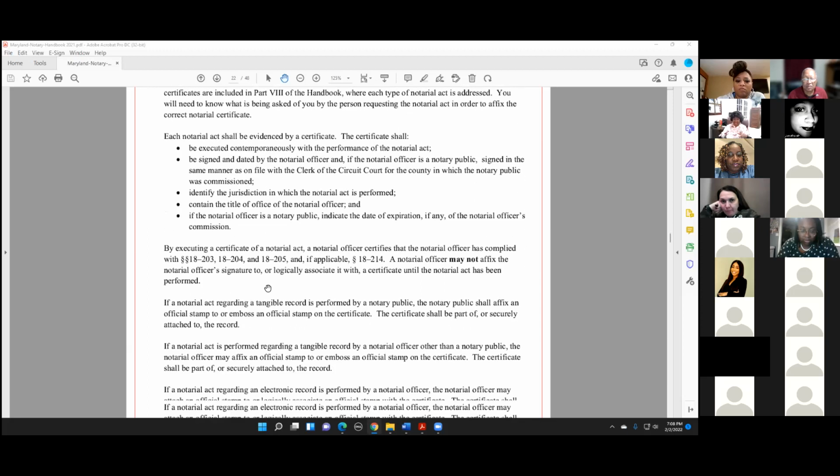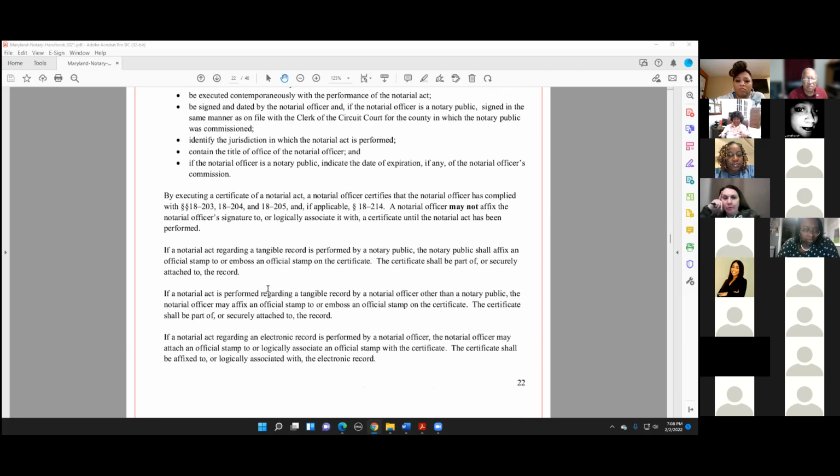So this is just saying each notarial act shall be evidenced by a certificate, and it goes on to explain that. Now, if a notarial act regarding a tangible record. When we say tangible record, the fact that now we have remote notarization, which is electronic record, that's just distinguishing it from the fact that we're talking about paper now.